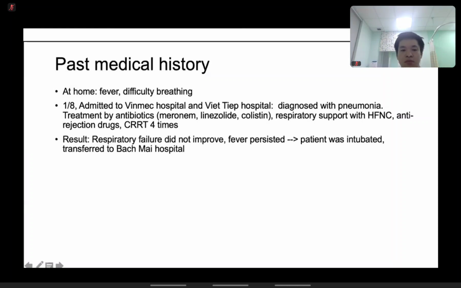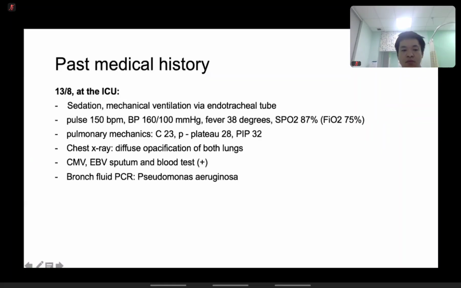But the respiratory status did not improve. The fever persisted. The patient was intubated and transferred to Bạch Hospital.